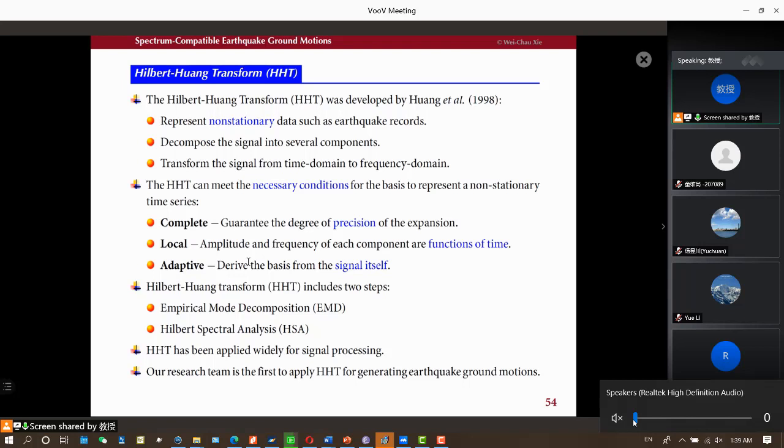Okay, so the procedure is as follows. First, we need to obtain intrinsic mode functions. This is through the so-called empirical mode decomposition. So here we have a real earthquake time history. By applying a shifting process, we can decompose this into a set of intrinsic mode functions called IMF.